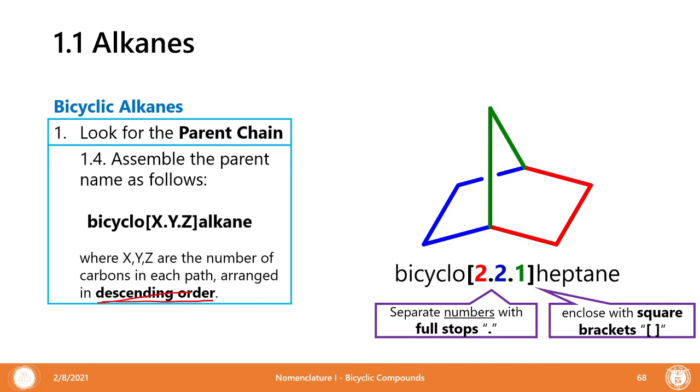So bicyclo, square bracket, 2, full stop, 2, full stop, 1, square bracket, heptane, the total number of carbons.